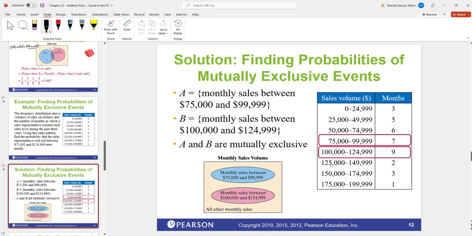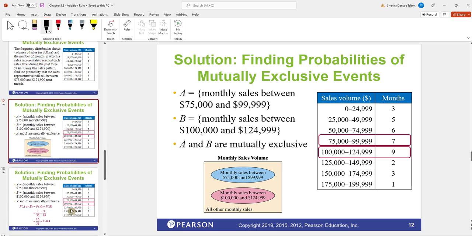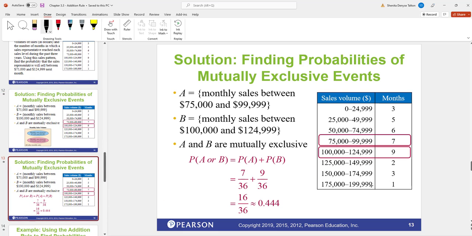They cannot occur at the same time. So as you can see, if you add up the months, it's 36 months. So you have 7 out of 36 plus the 9 out of 36. You add the numerator, you get 16 out of 36, which is 0.444.